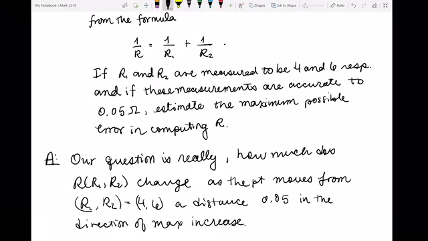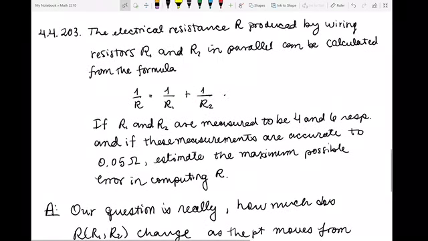So our question, really, we're trying to decide what is the error in R, given that I have these two measurements for R1 and R2, and this is how accurate they are, to plus or minus 0.05. That's the maximum error. And then we're trying to compute from that, given this relationship here, what is the maximum error going to be in computing R?